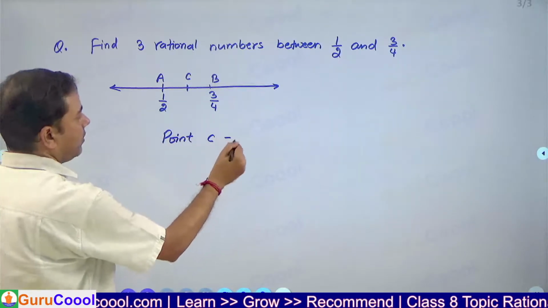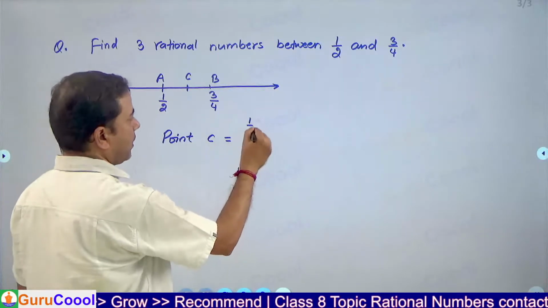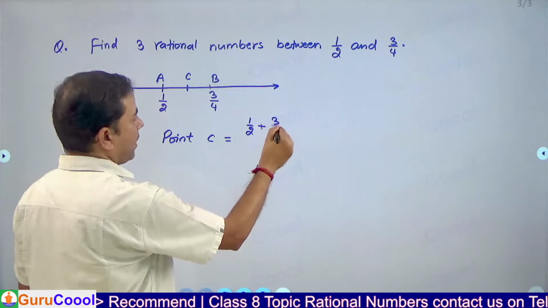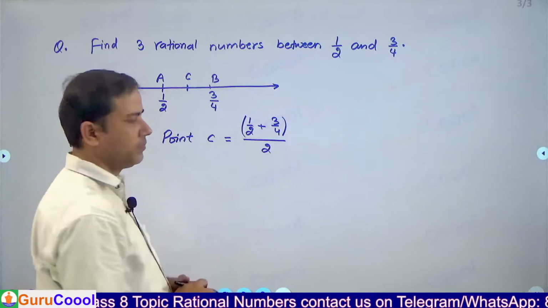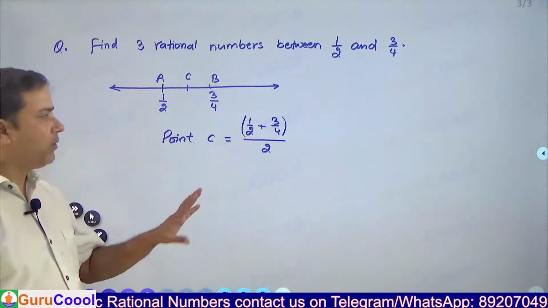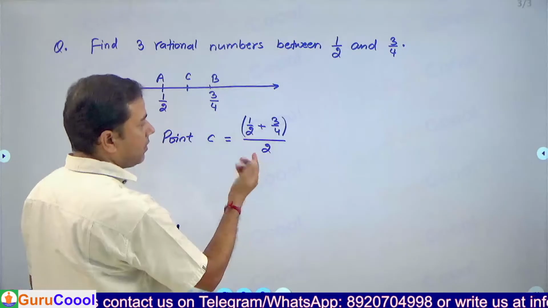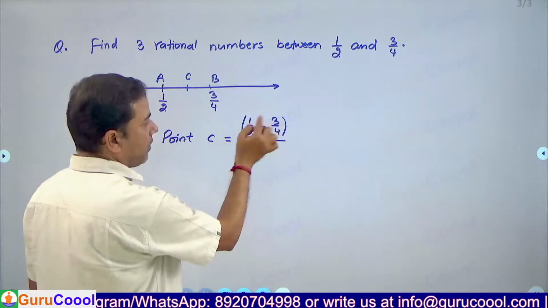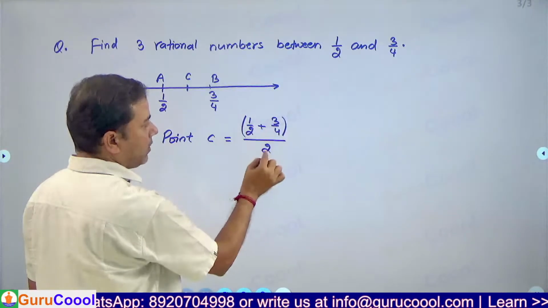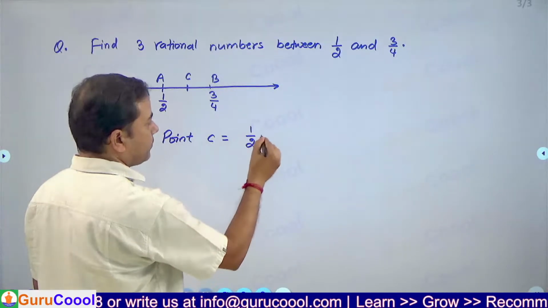Point C is: add the two rational numbers 1/2 and 3/4 and divide by 2. A different style may be there for division by 2. Let us write it in a different way: I will add the 2 and divide by 2.